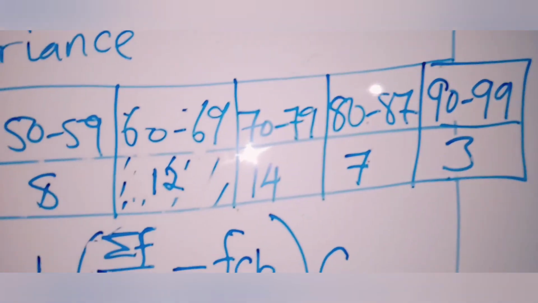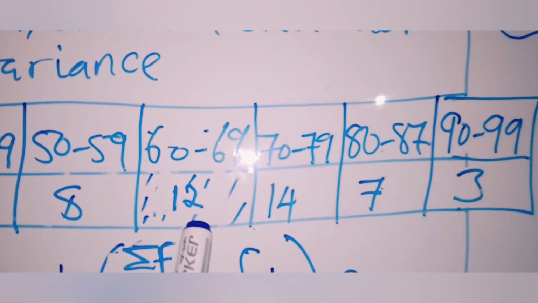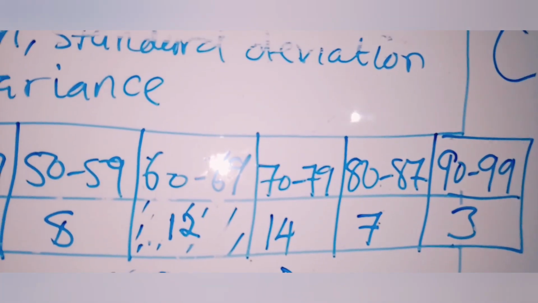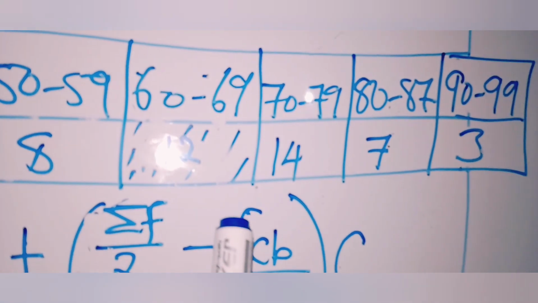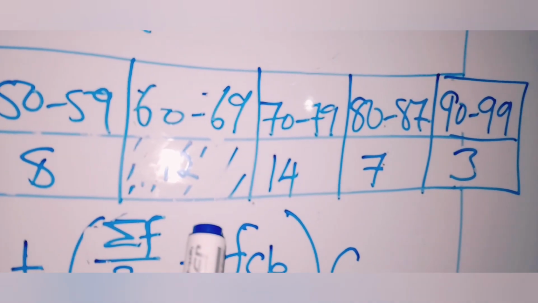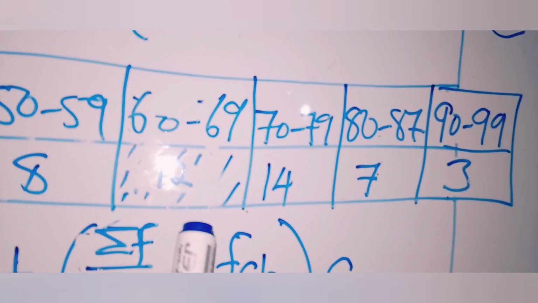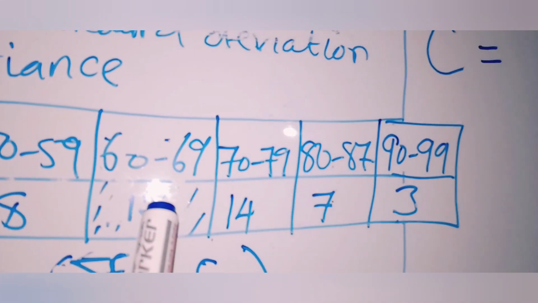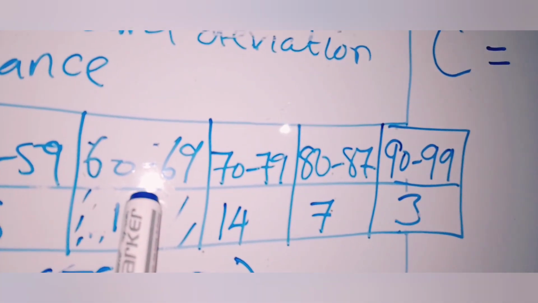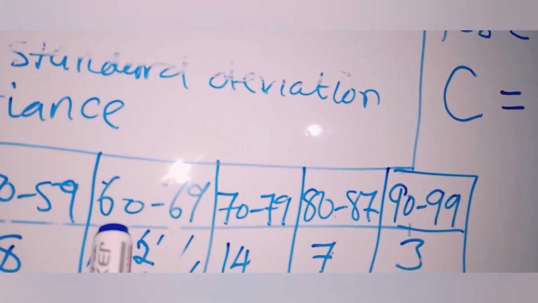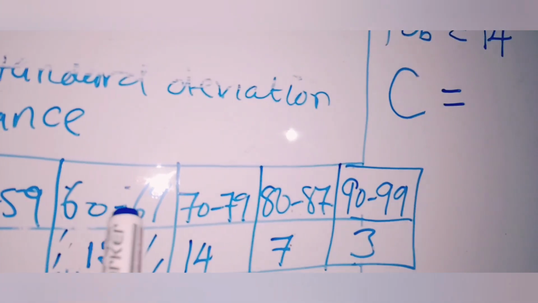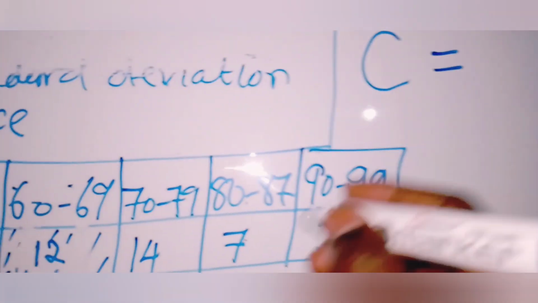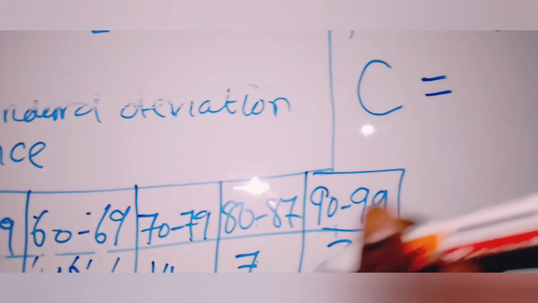So from here, 12, we need to subtract here. What do we have? Okay, so we have 69, here 69 and 70.